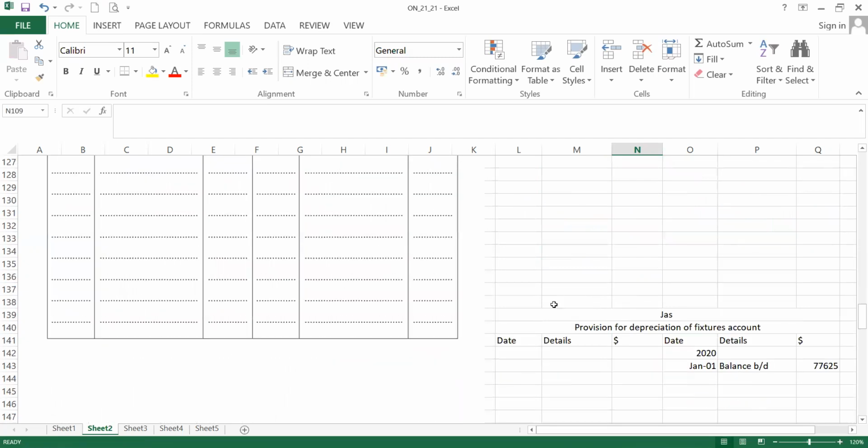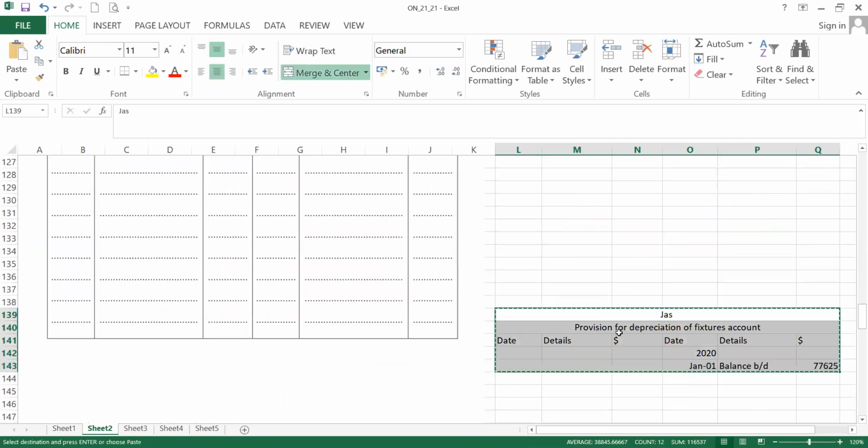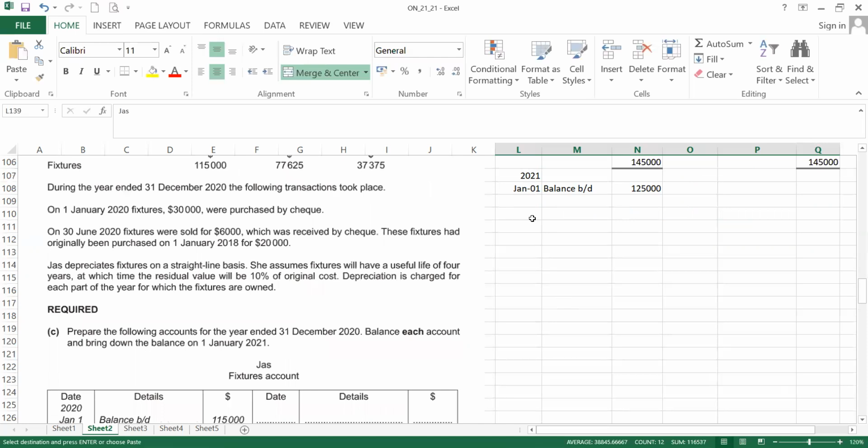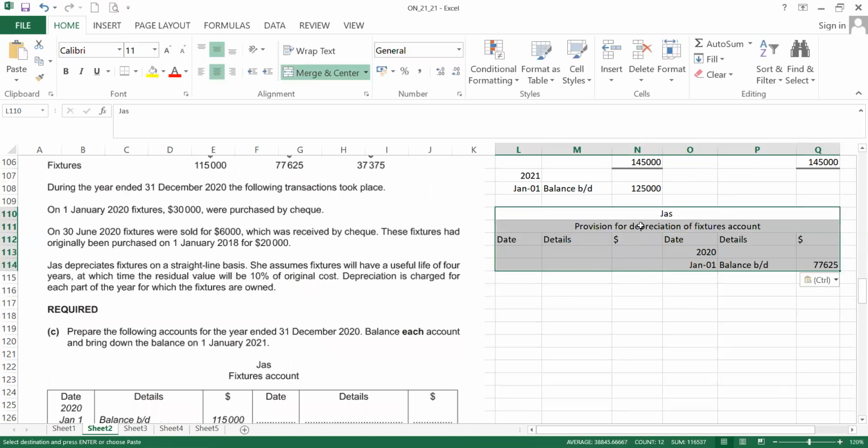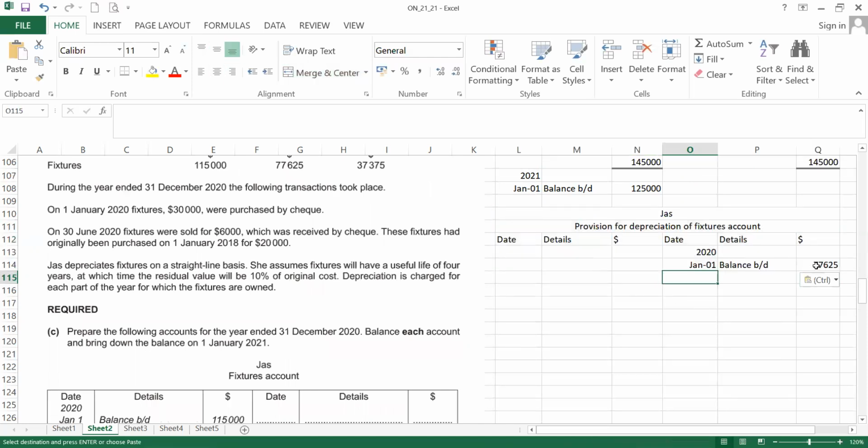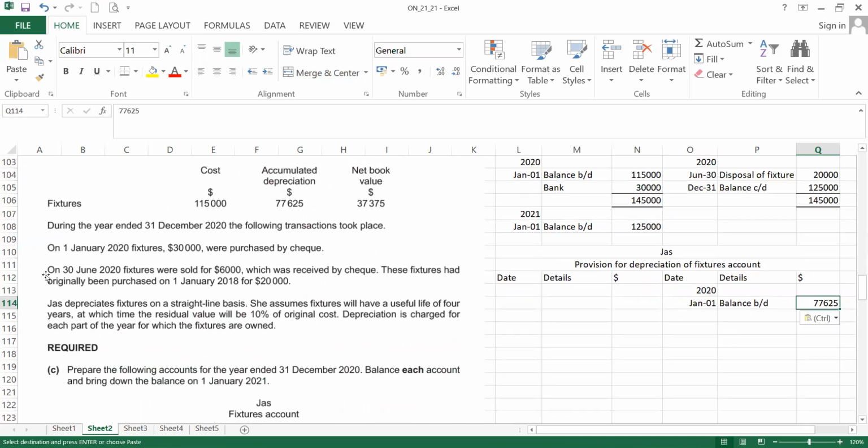Okay, now the next one, we are asked to prepare the provision for depreciation. So they given this one opening. Now we need to calculate this one, disposal. So how many months to consider for the disposal amount for 2020? We dispose on June 30th, which is the 6th month.